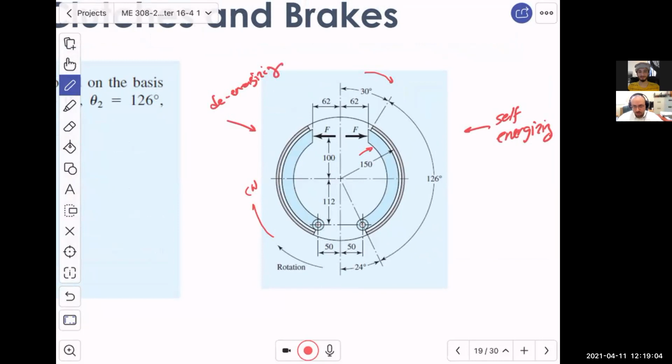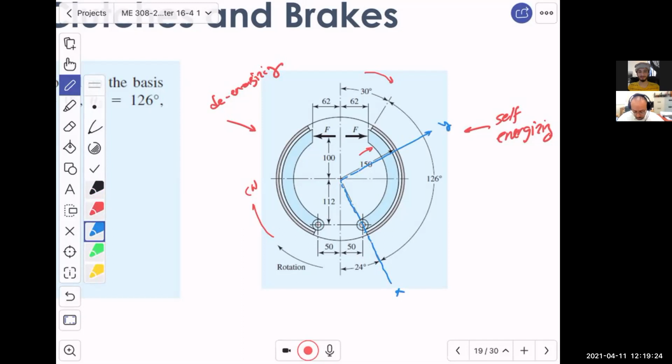That's number one. Number two, I can make my life a bit easier by constructing a coordinate system X and Y, like this.